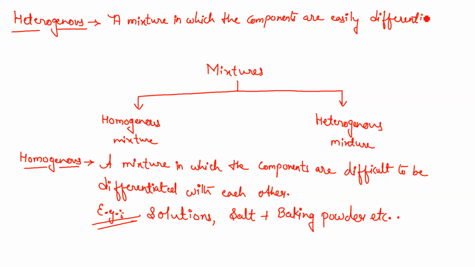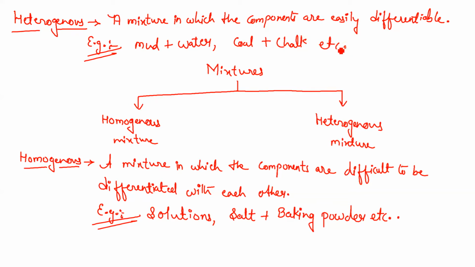It means by your naked eye only we can easily differentiate them. Examples: a mixture of mud and water, a mixture of coal and chalk powder. All these are examples of heterogeneous mixtures, because here the components can be easily differentiated by our naked eyes only.